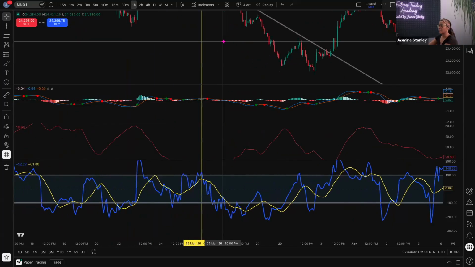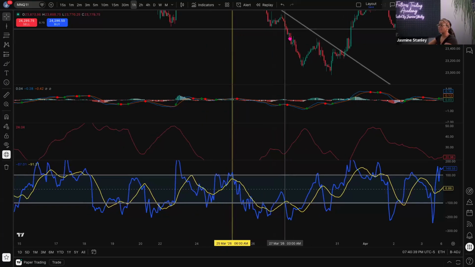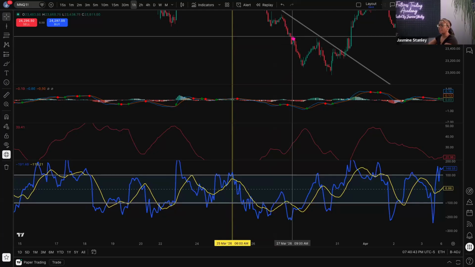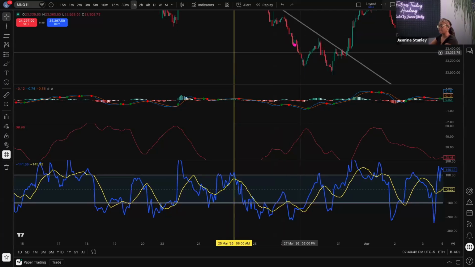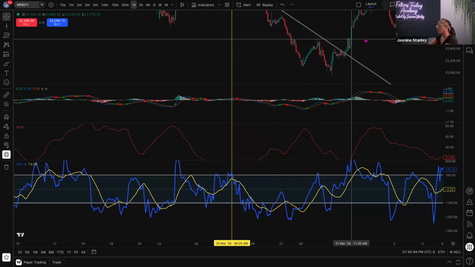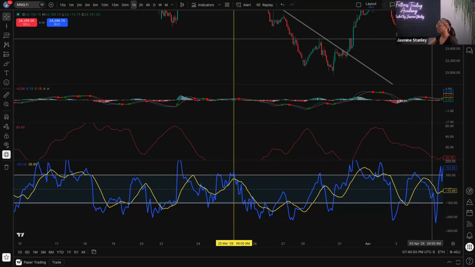What does that tell me? That is a level. Because when price came to this area, it tried to push up. It didn't fall down like it did the rest of these. It got to right here and tried to push up. Now you can see how it's matching that area. Boom.